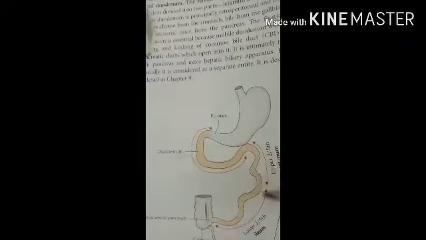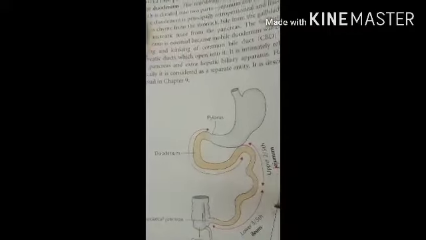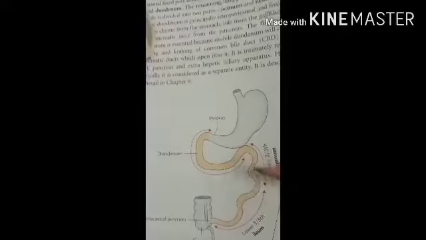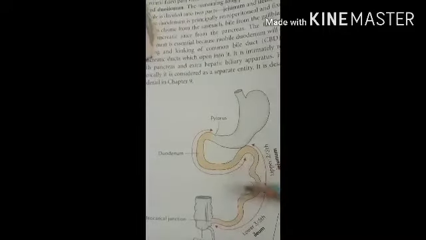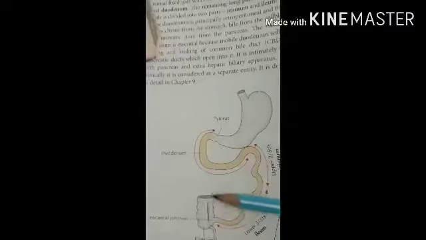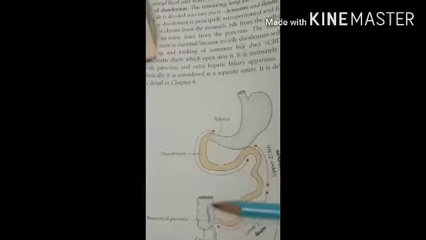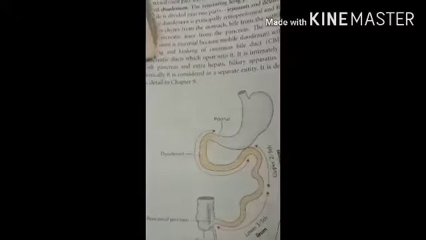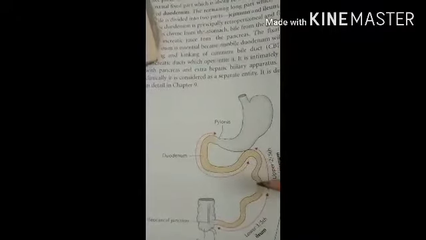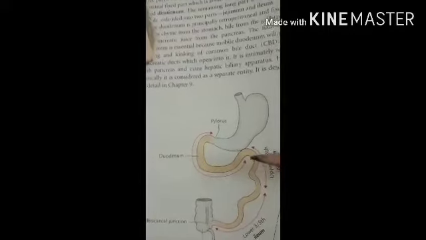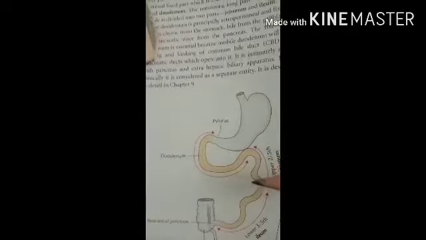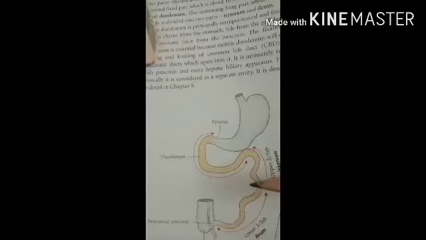Then the interior of the small intestine and the large intestine: villi and microvilli are present in the small intestine, and villi are absent in the large intestine. Okay? Then the transverse mucosal folds, called the plica circularis or plica semilunaris, are present in the small intestine and are permanent folds.